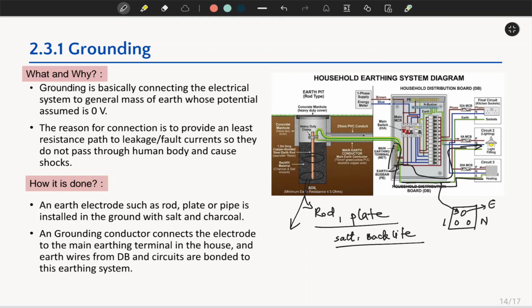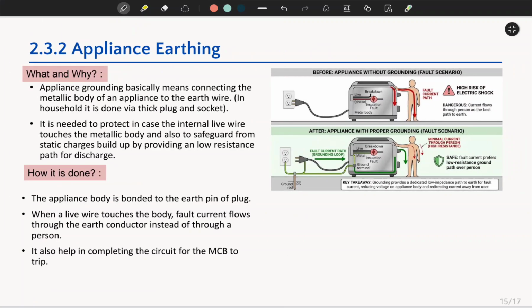I am also using grounding and earthing interchangeably, so for this moment you can take these two as interchangeable. Now the second concept in the same regard is appliance earthing. This is a more detailed version of grounding. Here we connect the metallic body of my appliance to the earth pin of my plug.